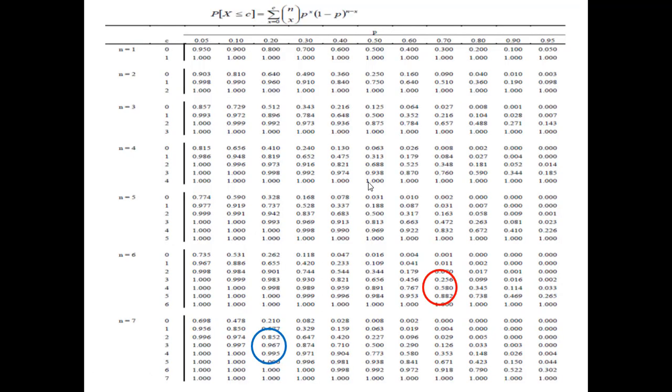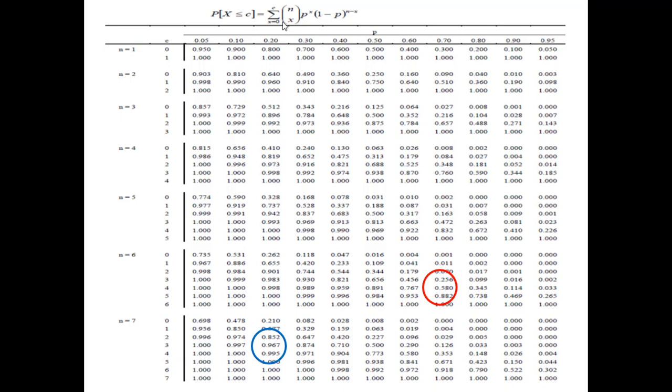So a binomial distribution table is given in this slide. You'll see this in the textbook near the end. One thing to notice is that these probabilities that are given are cumulative in nature. So up here we have the probability x is less than or equal to some value. And this, by the way, would be the formula that we might use to calculate the values here in the table.